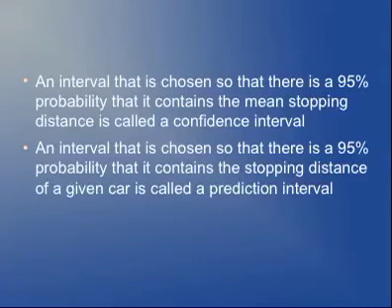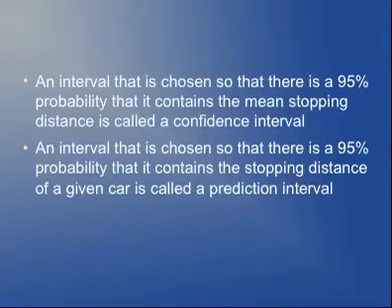An interval chosen such that there's a 95% probability that it contains the stopping distance for an individual given car or a given tree is called a prediction interval. Now, a prediction interval is technically a confidence interval as well, so these two terms get used interchangeably sometimes, which causes a considerable amount of confusion.